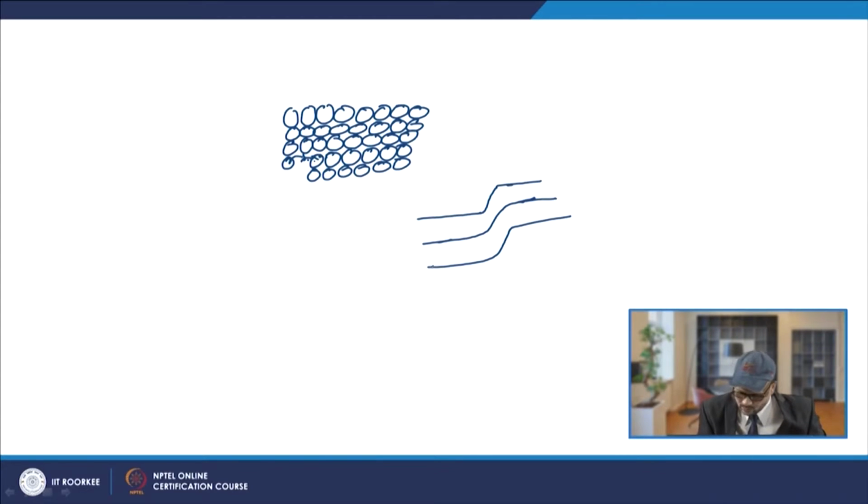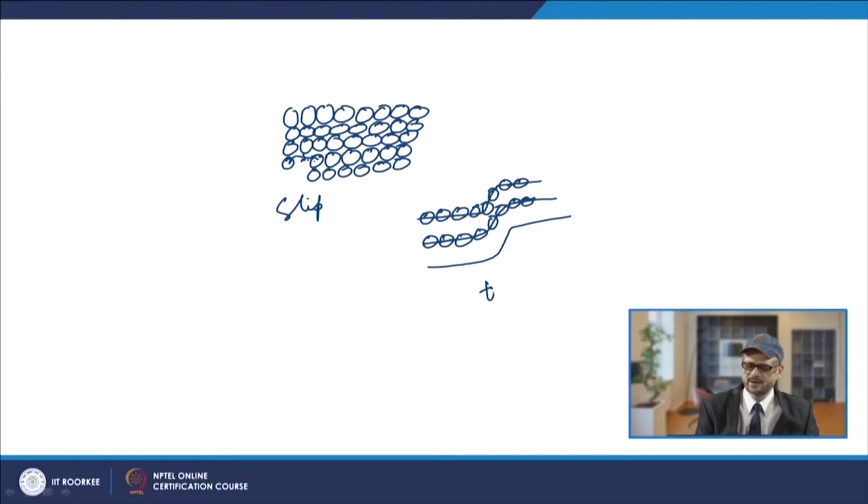So, you have atoms here, and in this zone, this type of mechanism is known as twinning. So, this is by slip and this is by twin.